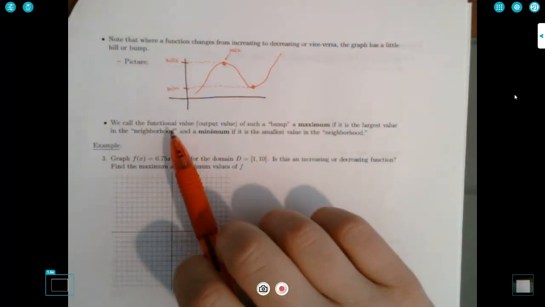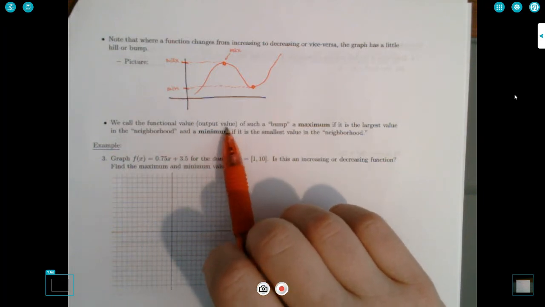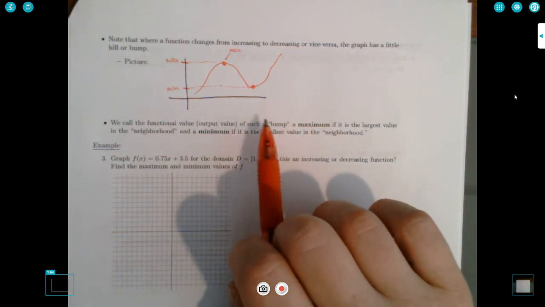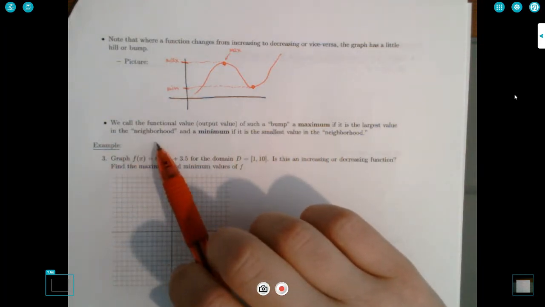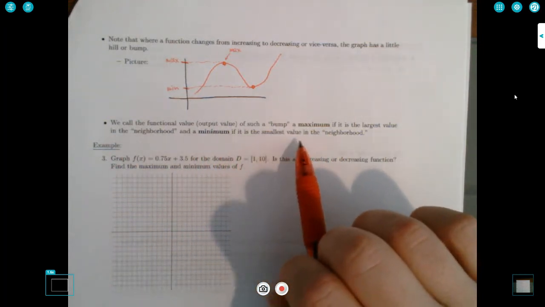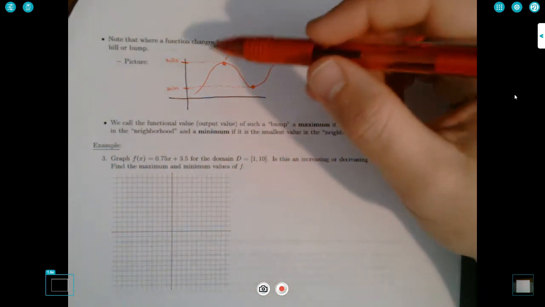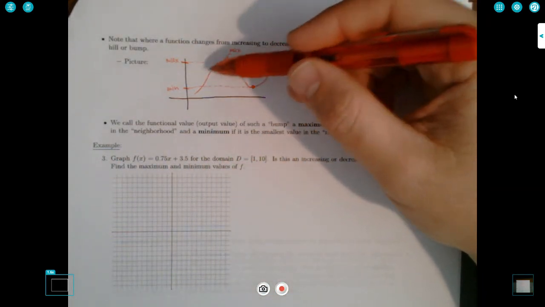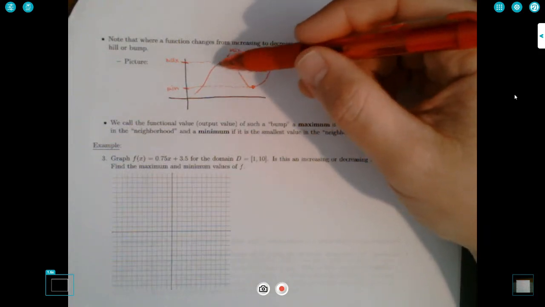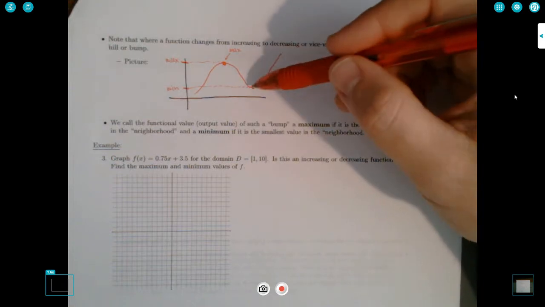Okay, so we call the functional value, in other words, the output value of such a bump, a maximum if it is the largest value in the neighborhood, and a minimum if it's the smallest value in the neighborhood. What I mean by neighborhood is if you take some subsection of this graph, then the maximum has to be the tallest point in that subsection. The minimum has to be the smallest point in that subsection.